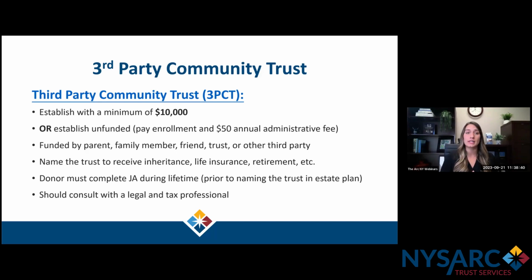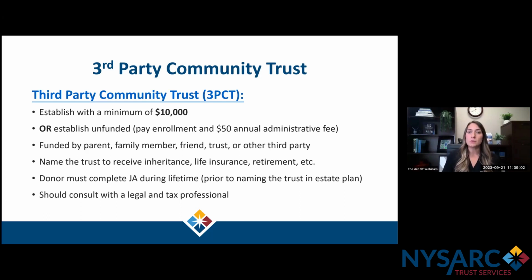This program is generally set up by a parent or other family member. Any third party could even be a trust, a revocable trust that has a clause in it so that if someone in that trust is intended to get funds who may need government benefits, it would go to the NYSARC third-party community trust for the benefit of that person.